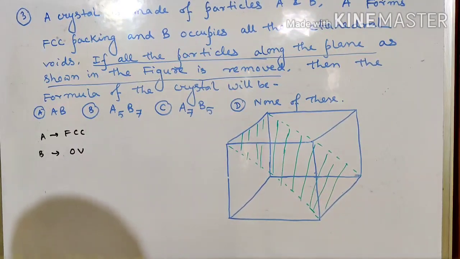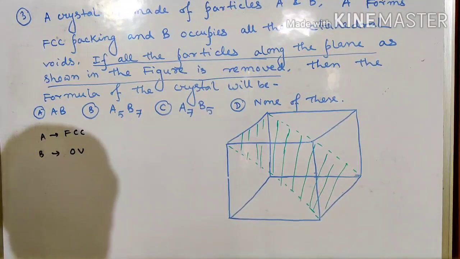One is at the edge center and one is at the body center. And we know the position of the FCC atoms, they are present at the corners and face centers. So let us first locate the position of A.